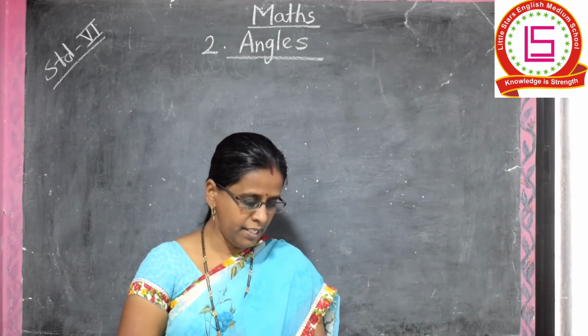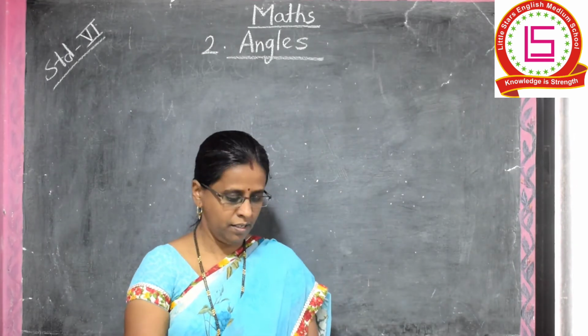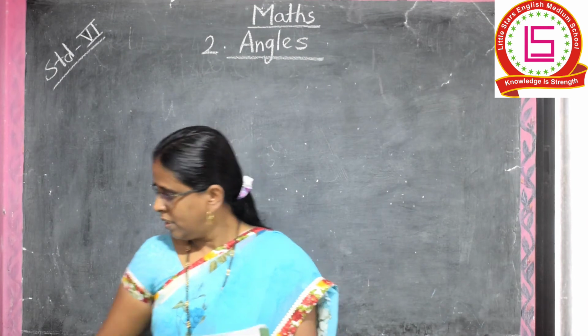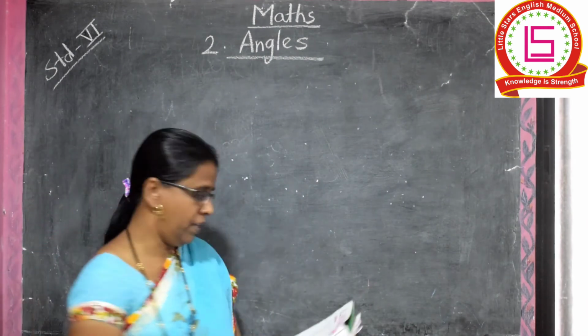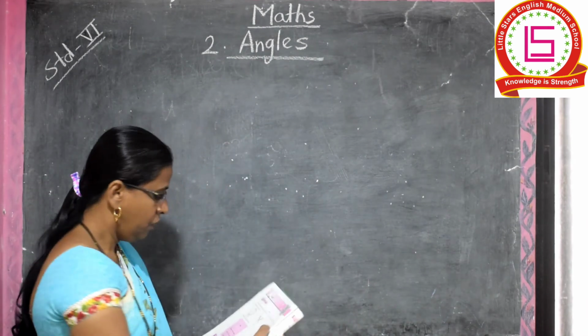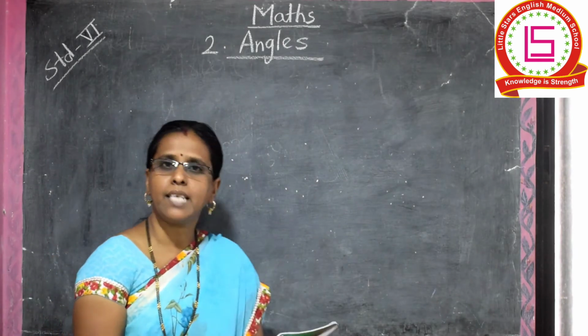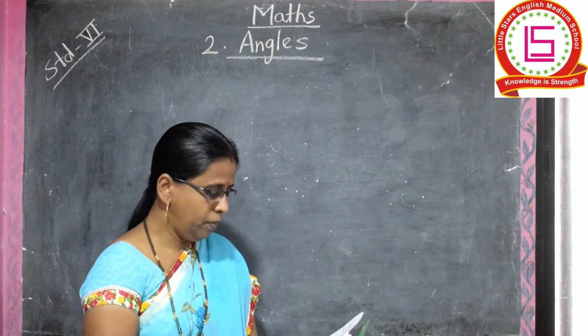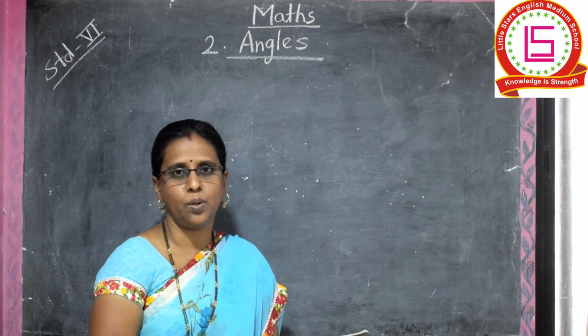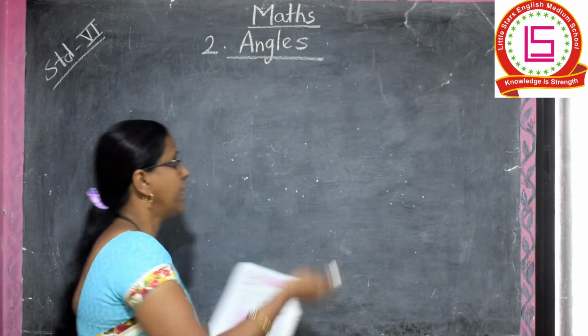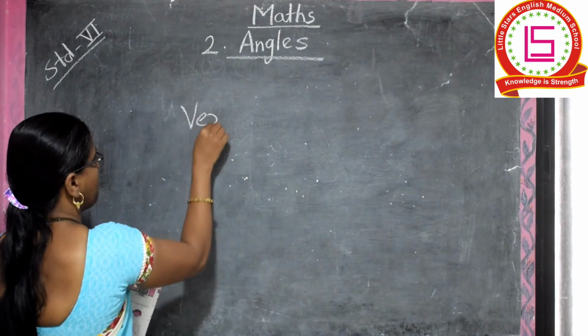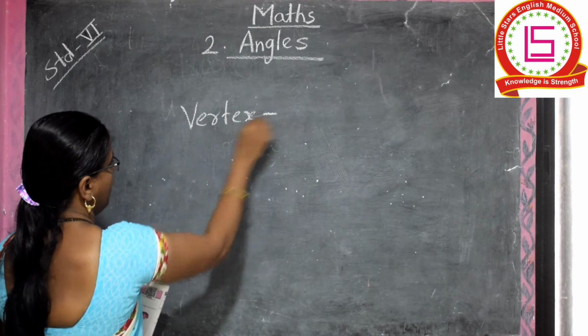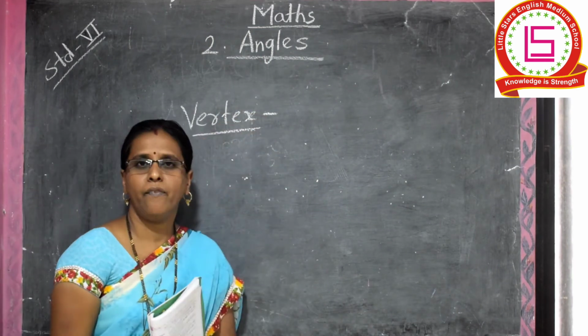Then see, next complete the following table. Some angles are given for you and we have to write the names of these angles, then the vertex of the angle. What is meant by vertex?